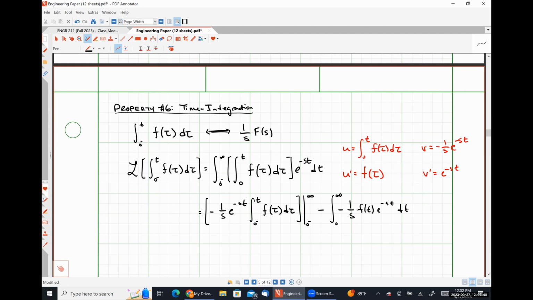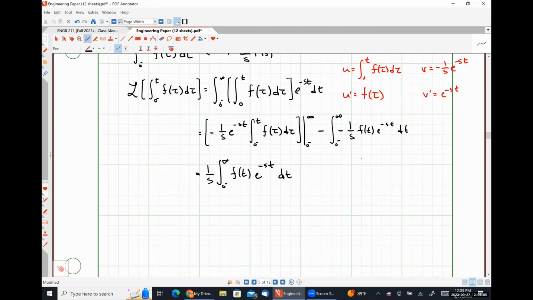So this whole part right here just goes to 0. That's going to leave us with negative times negative, which is positive. I'm going to pull the 1 over s out because it's a constant term. Integral from 0 minus to infinity of f of t e to the negative st dt, where that integral is the definition of the Laplace transform. So we have 1 over s times F of s.